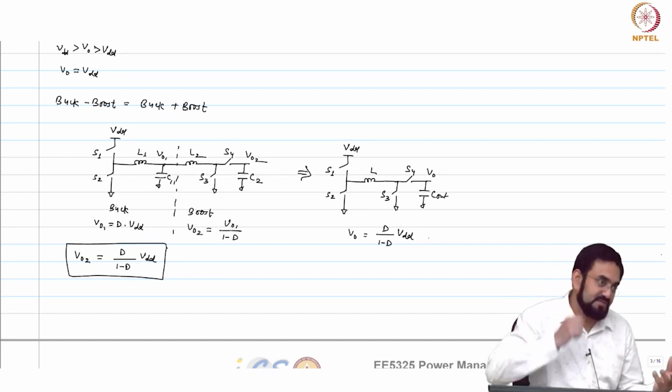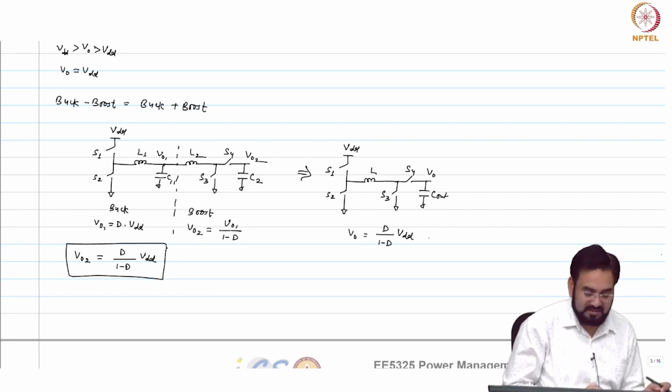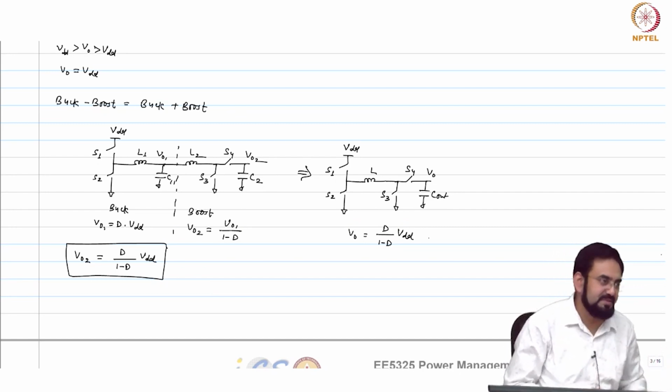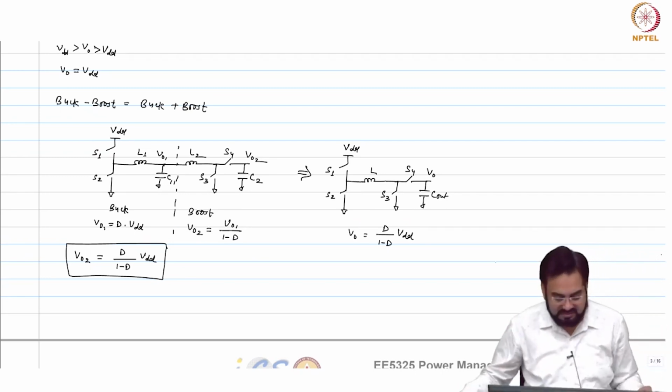So we have saved one inductor and one capacitor, and now you can apply the same volt second balance and you will get the same expression actually. So you can do that.